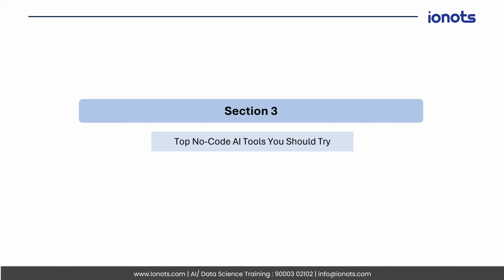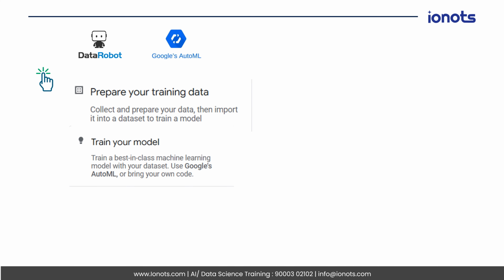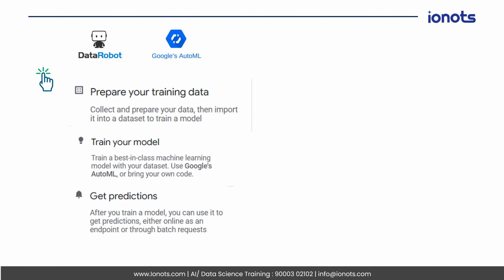Now, let's talk about what top no-code AI tools are out there which you can try. DataRobot and Google's AutoML are two of the most popular no-code AI tools available in the market. Both platforms provide a user-friendly interface where you can upload your dataset, select a model for training, and receive performance metrics, all of this without writing a single line of code.